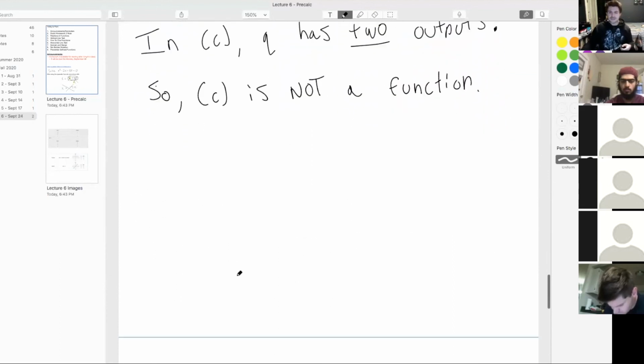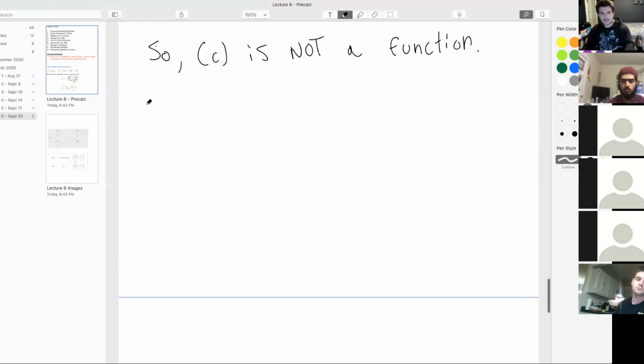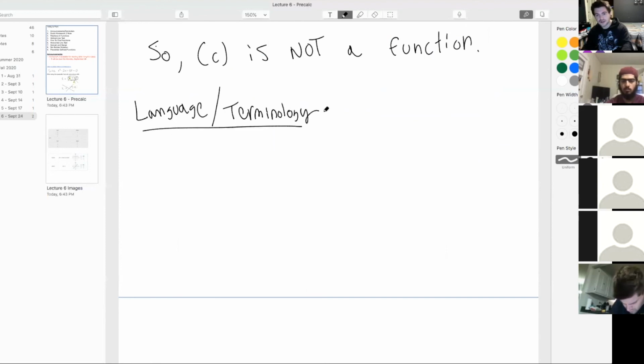All right, so let's get to some language and terminology. How do we speak about functions in practice here?